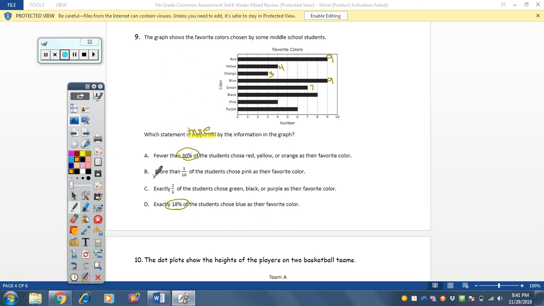B says more than 1/10 of the students chose pink as their favorite color. More than 1/10.